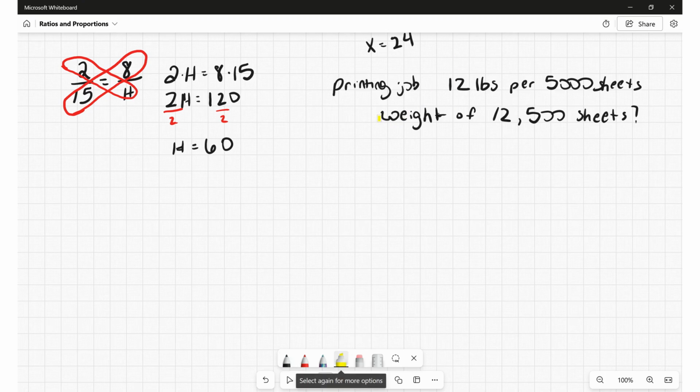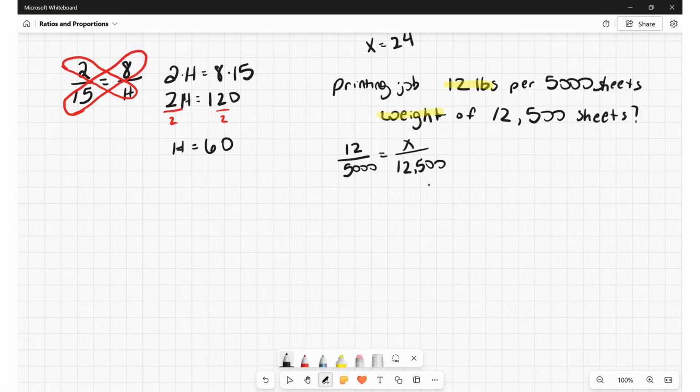When we are looking for weight, that matches with our 12, the pounds. So we can say that we have 12 over 5,000 equal to X over 12,500.